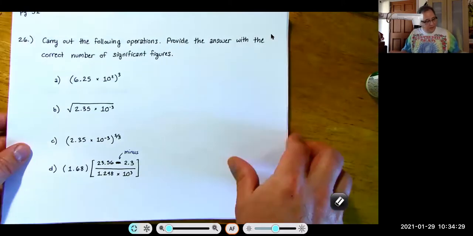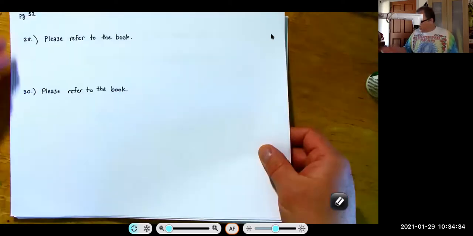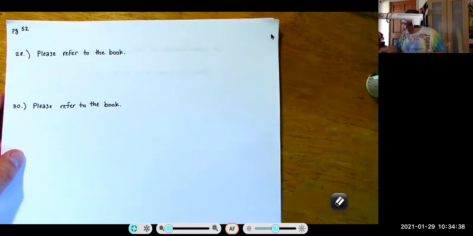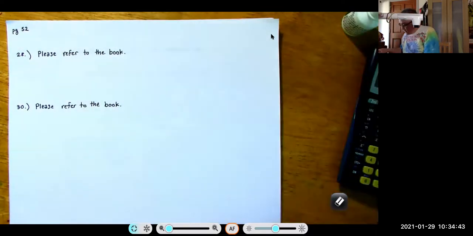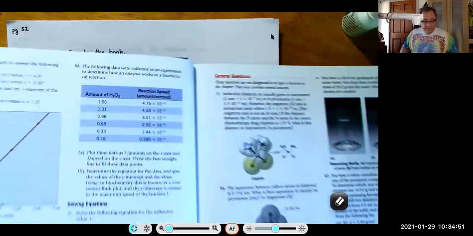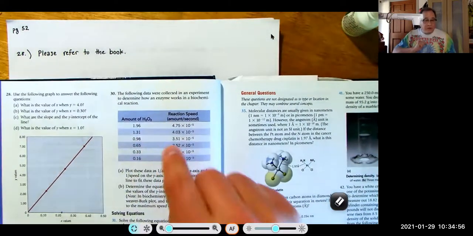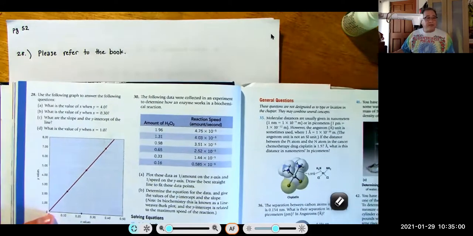And 28 and 30 we didn't do because they're simply too long. But I think I looked at the problems in the book and I decided that maybe they weren't too long. So let's take a look at 28 and 30 real quick. Okay, so we're going to look at 28, and 30 is actually a problem on your homework, so we're not going to take a look at that one. But let's look at 28.